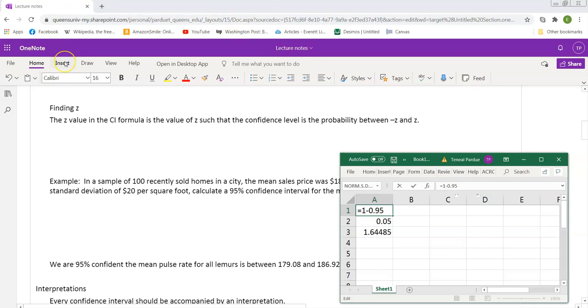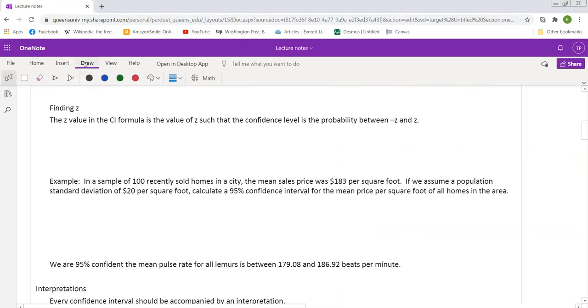And if I get my handy dandy pen, so I'm looking for the value of z where there's negative z and here's positive z, and the confidence level is the probability between them.